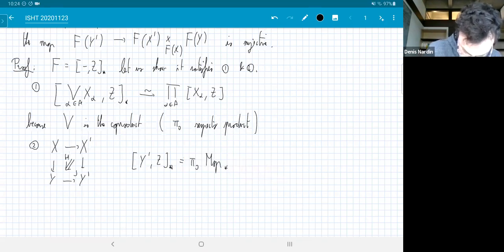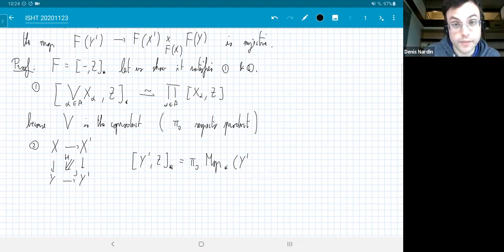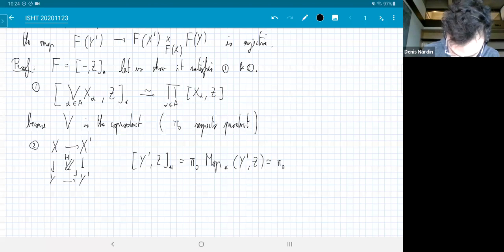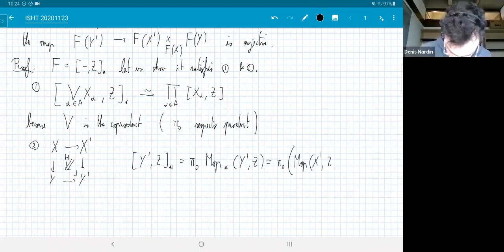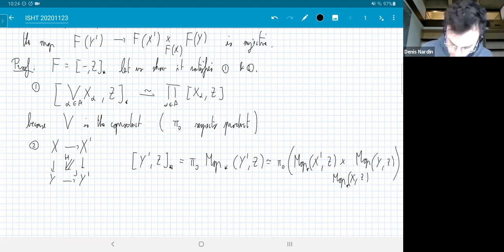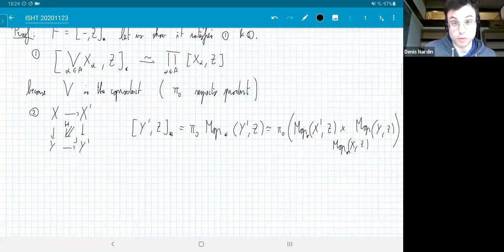So it's the connected component. I'm writing Map star for brevity for maps in Spaces star. And that's just pi 0 of this pullback. Remember, this is a homotopy pullback.